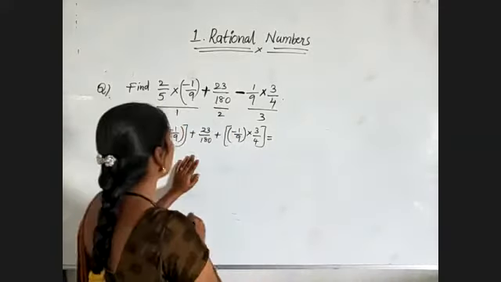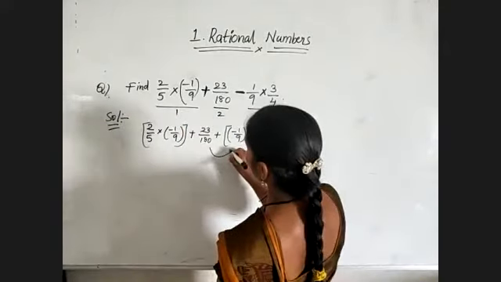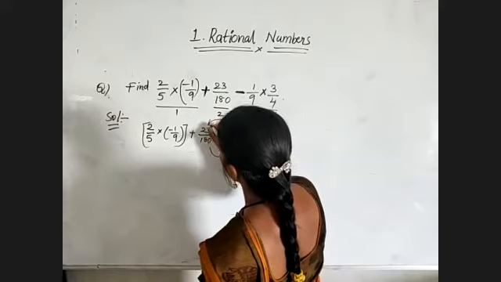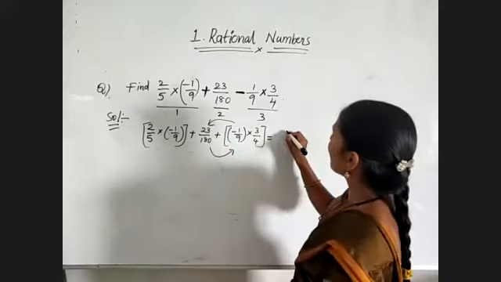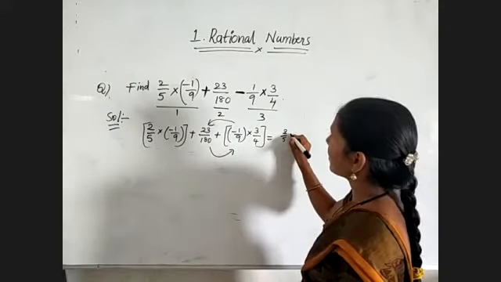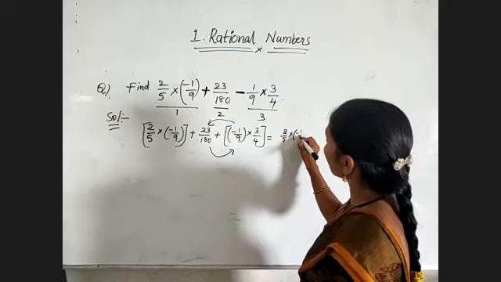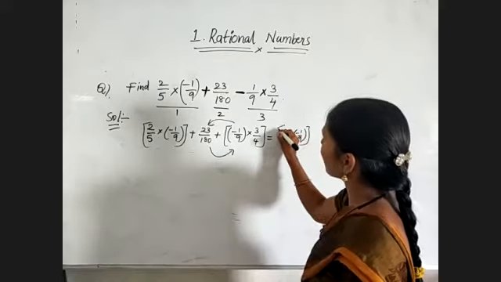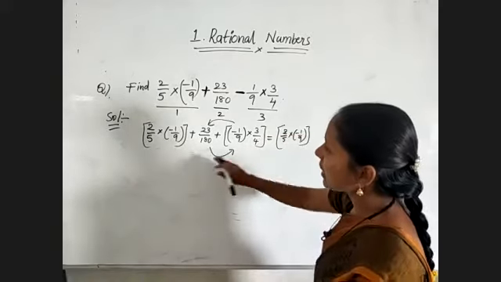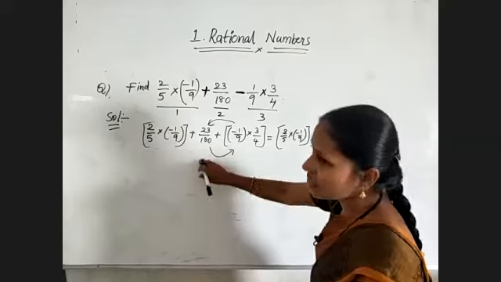Now I am simplifying. I am changing this number to this side and this number to this side. So I got 2 by 5 into minus 1 by 9, which I am not changing at all. I am changing the second number to the third place and the third number to the second place.